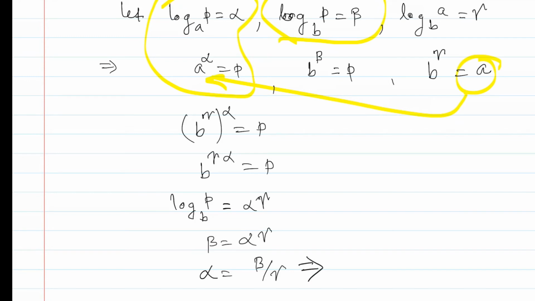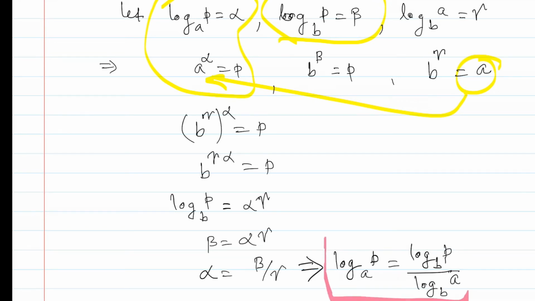Substituting the values of alpha, beta and gamma: alpha is log of p to the base a, beta is log of p to the base b, and gamma is log of a to the base b. So now we have got an important property.